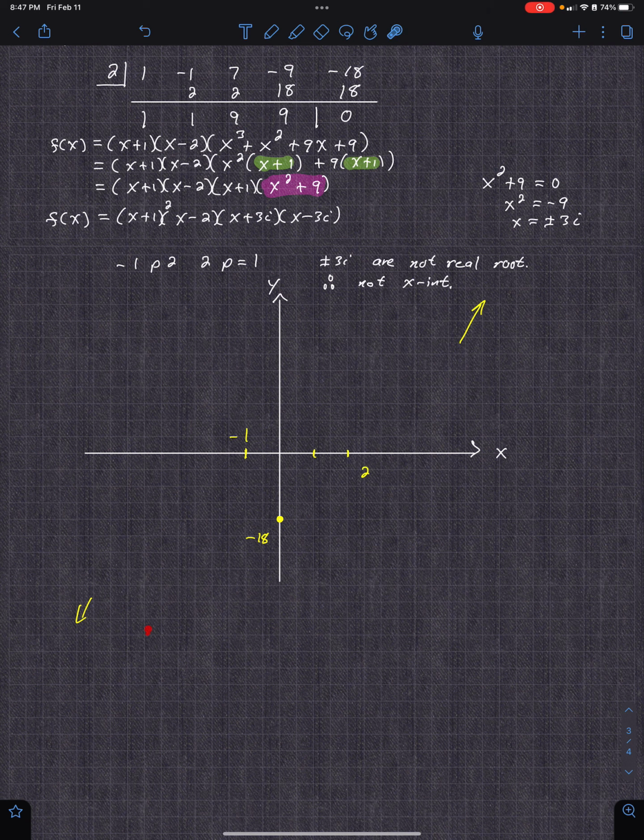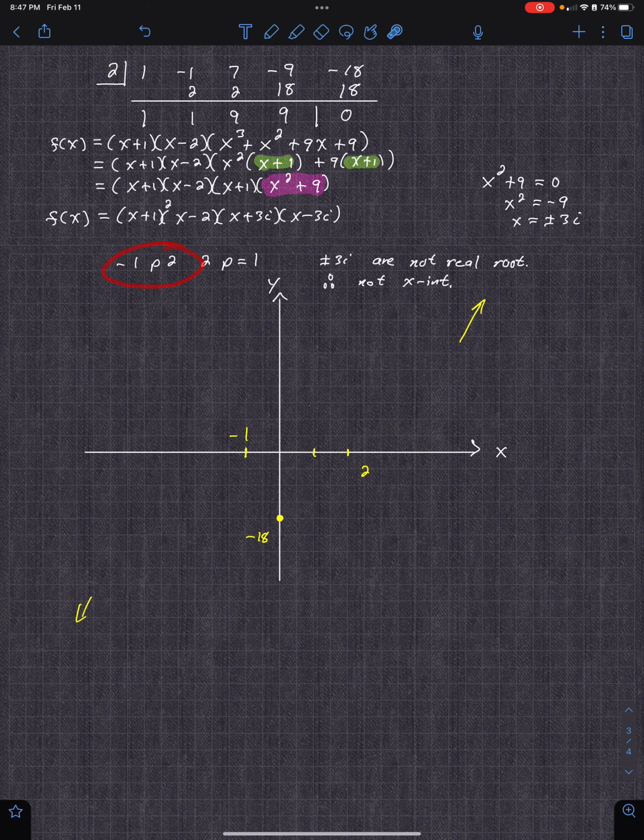So at negative 1, what does the graph do? It must be down here to the left because it has a 5th degree and a positive leading coefficient. So it comes up, and does it cross that? Or what does it do? It tells you right there. That tells me it bounces, right? So it's on the bottom, so it must come up, just touch and go back down. And then what must it do?